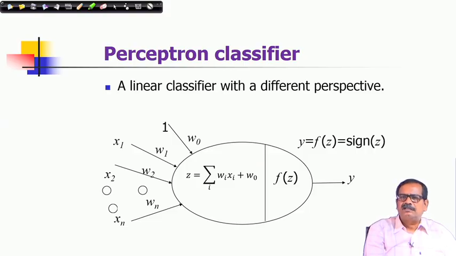It is nothing but the same problem I discussed in the previous example of linear discriminant analysis. So, this is also a linear classifier, but it has been shown with this perspective. It will be clear when I elaborate on this aspect later on.